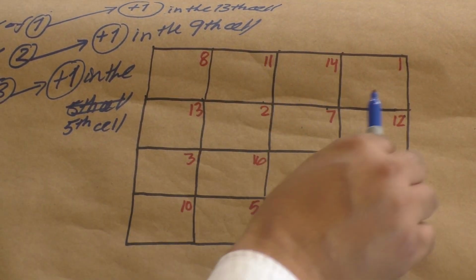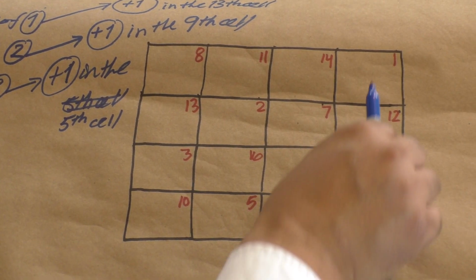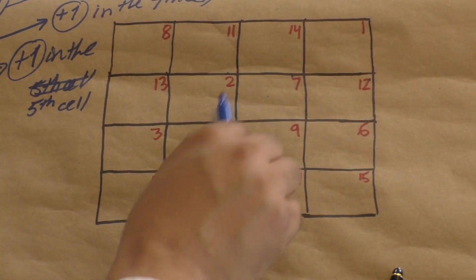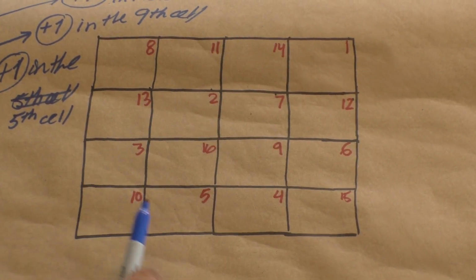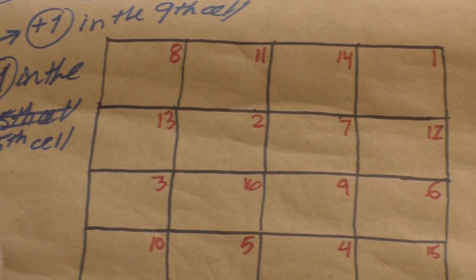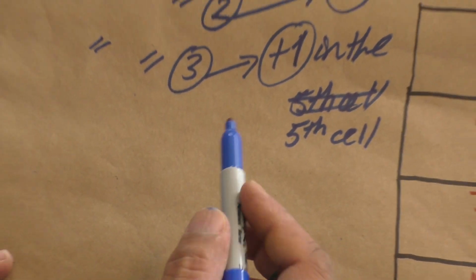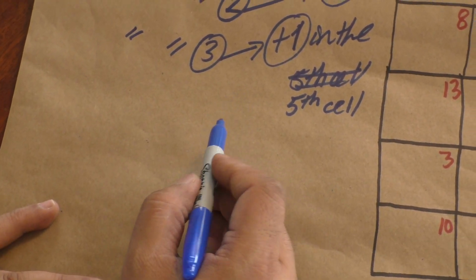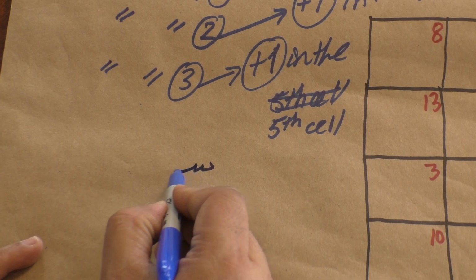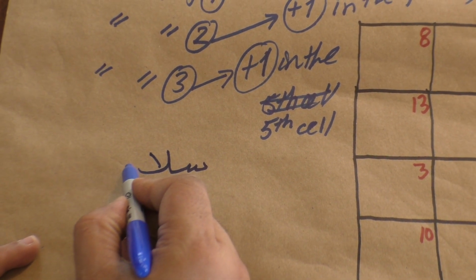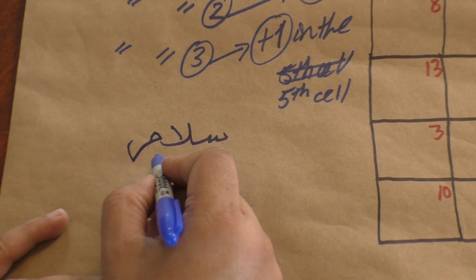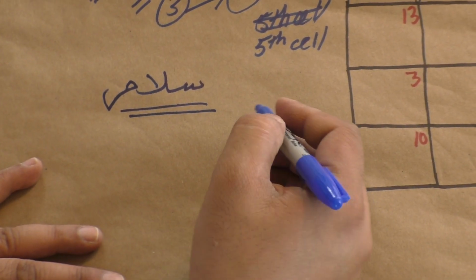So then you should put out the pattern that you're going to follow. So I've put 1, 2, 3, 4 according to the fire pattern so that I don't get lost. So let's say we wanted to do something like the divine name Salam.